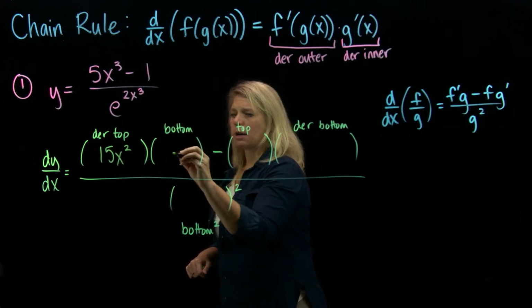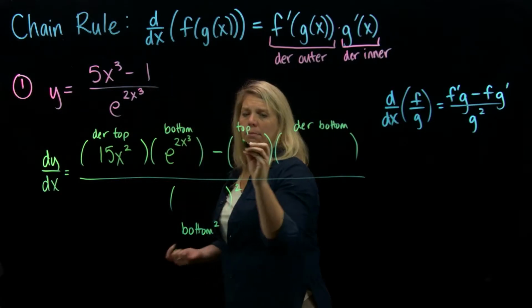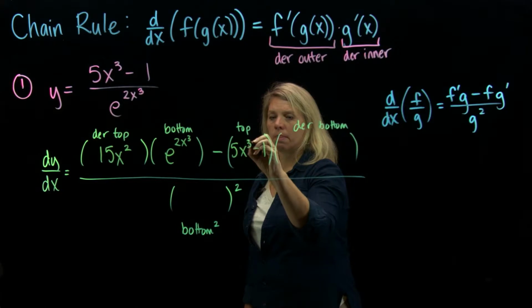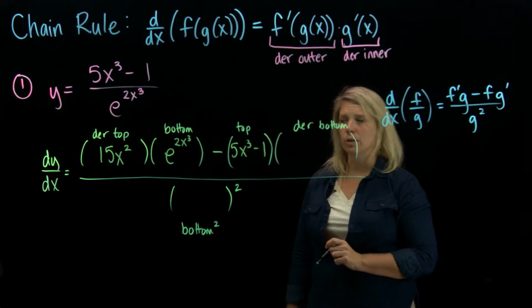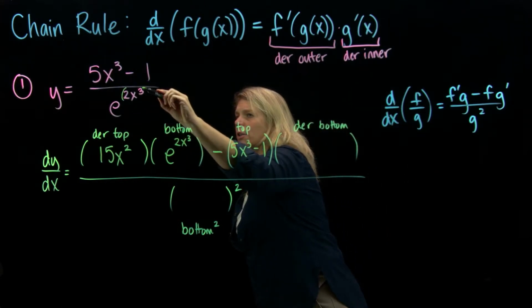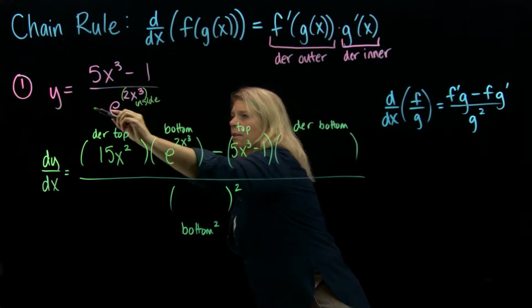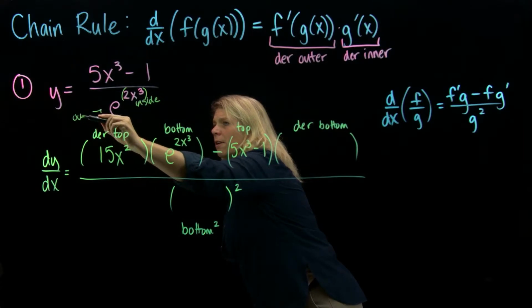Then times the bottom, I'm just leaving the bottom alone, minus the top, leaving the top alone. And now times the derivative of the bottom. So this is where I will need to use chain rule. On the denominator here, I have this 2x cubed function that is inside the exponential function. So the exponential function, e to a power of a variable function, is the outer function.